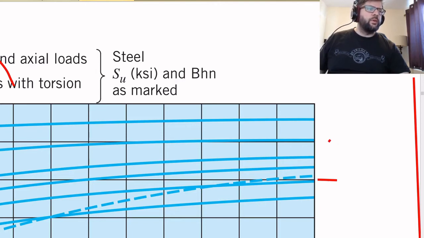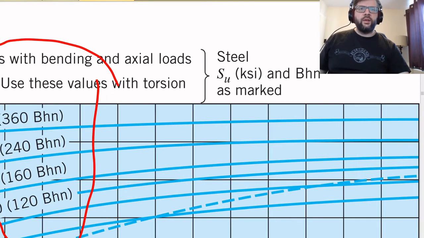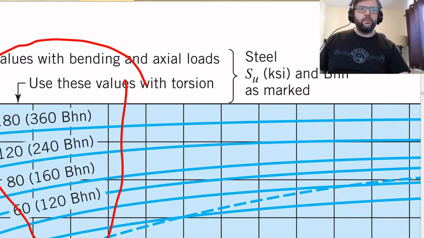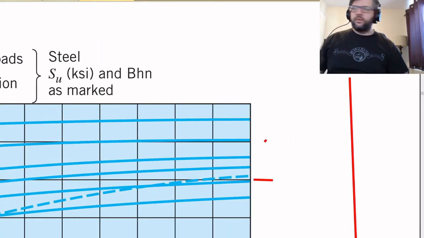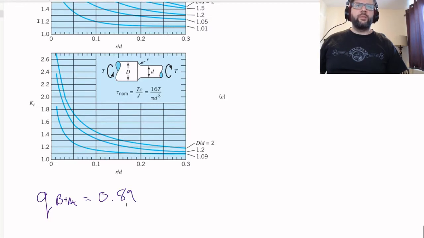So the top line there is the 180. The second top line is 120. So we're looking at just above that. Let's say 0.92. That sounds like a reasonably unconservative assessment. So Q torsion is equal to 0.92.